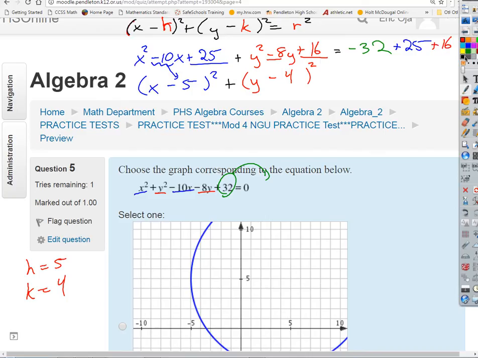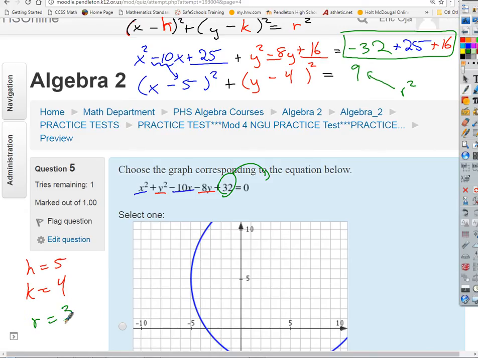And what's that leave me with over here? If I add all that up, 41 and −32 is positive 9. So then what's the radius? 3, right? Because this is equal to r squared, so r must equal 3.